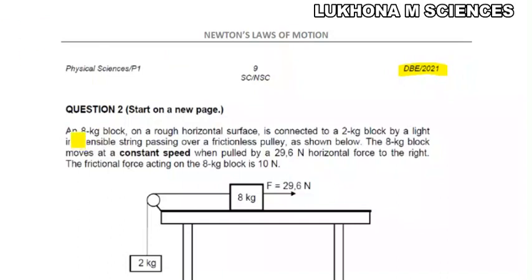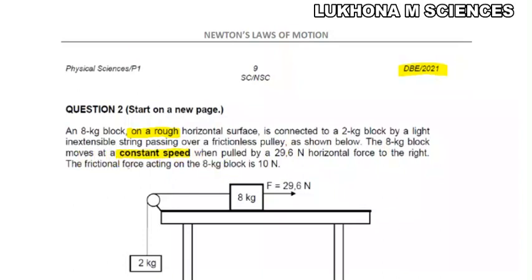An 8 kg block on a rough horizontal surface is connected to a 2 kg block by a light inextensible string passing over a frictionless pulley as shown below. The 8 kg block moves at constant speed.